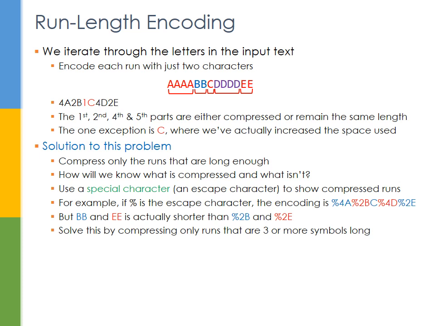We compress then only runs that are 3 or more symbols long. So in other words, in this case, we would have 2 runs that would be encoded where compression actually takes place. This first run of 4 A's and then this second run of 4 D's. However, we can see that A, B, B, C, and then at the end of our sequence EE remain uncompressed, and they're just represented as characters directly.